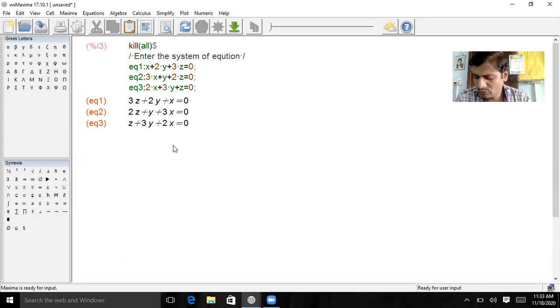Next go to a line, linsolve. This is the key command. Remember this one. When you are solving a system of linear equations, you use the key command linsolve. Linsolve of equation 1, comma, equation 2 and equation 3, and the unknowns x, y and z.